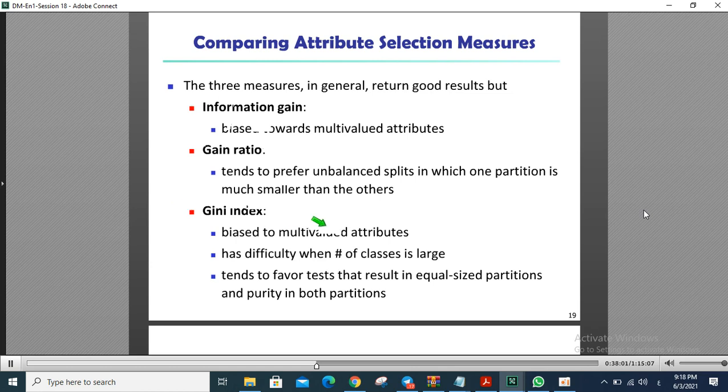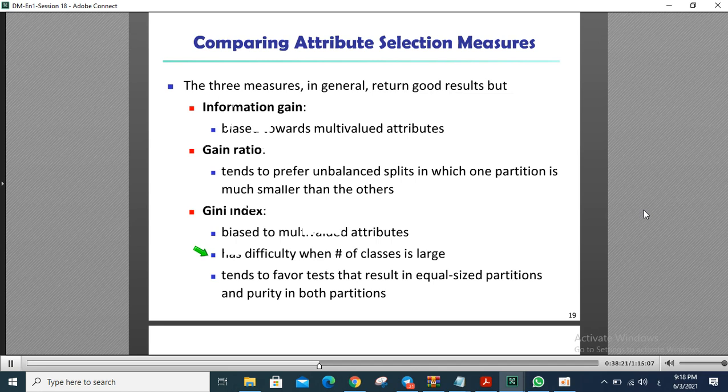One of them is too small and the other is too large. Gain ratio prefers to use unbalanced splits. So we should care in such cases.